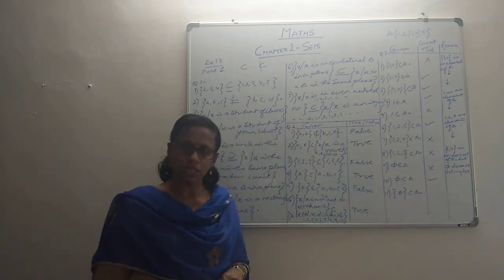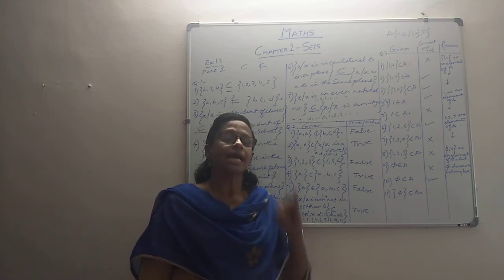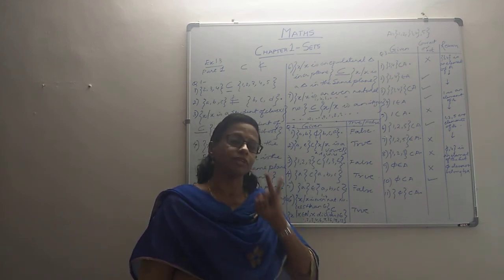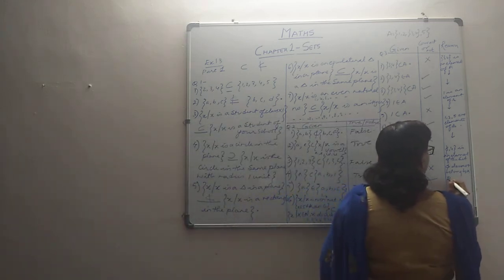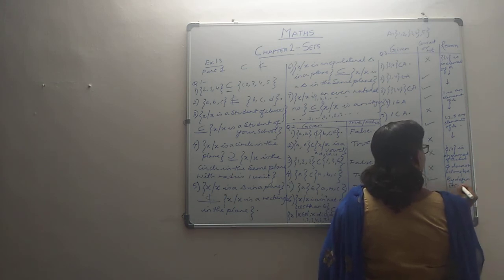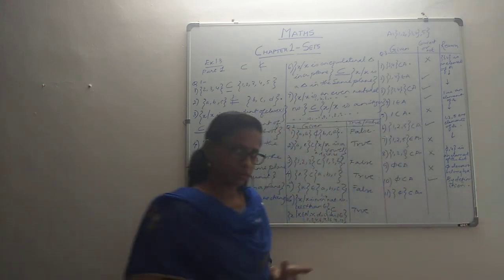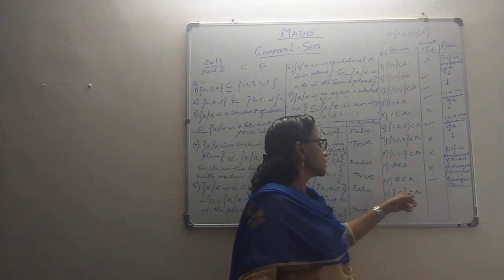The empty set is a subset of A, yes, because that is what we take by default. The empty set and the set itself will always be a subset of the given set. So this you can write by definition, or by default. Both ways it's correct.